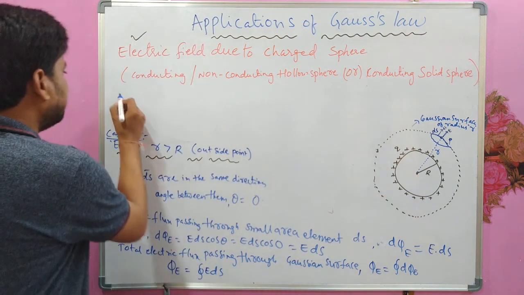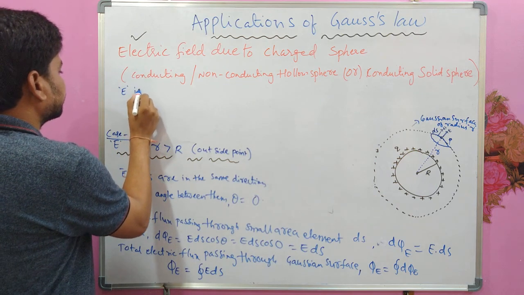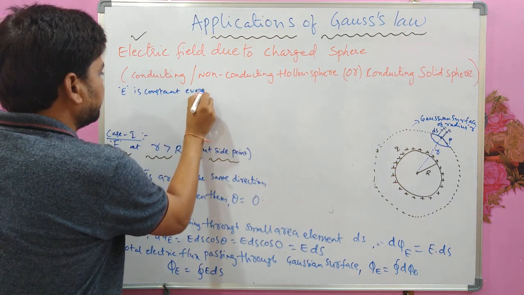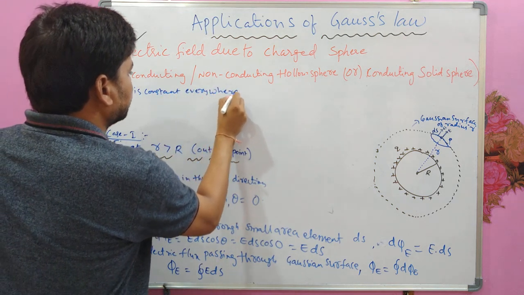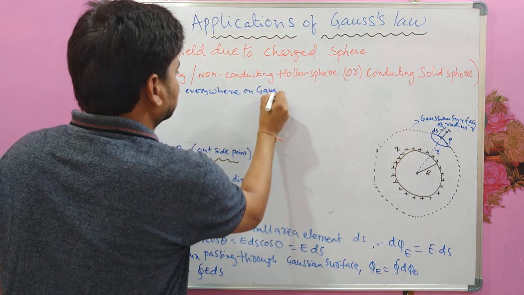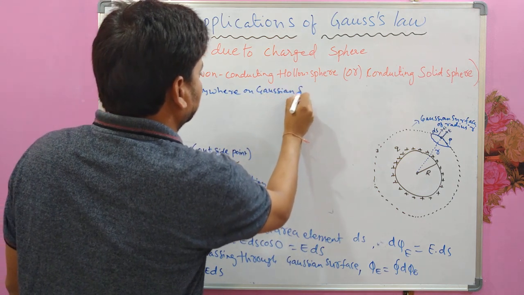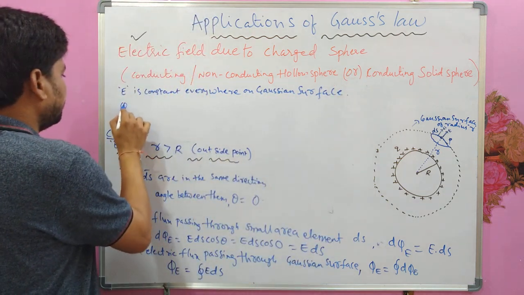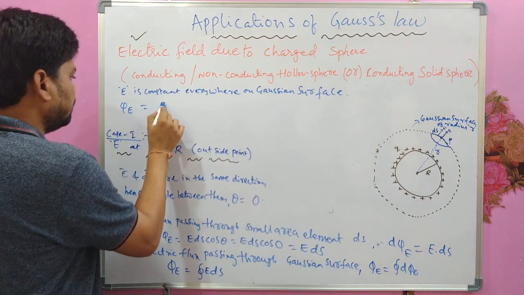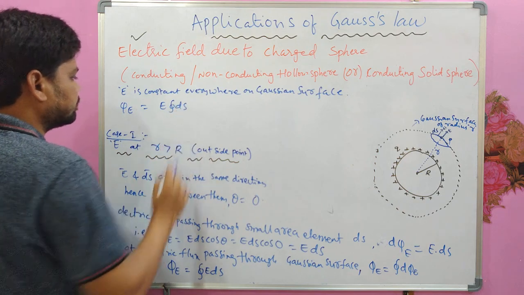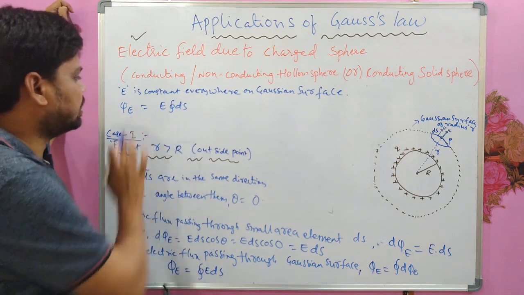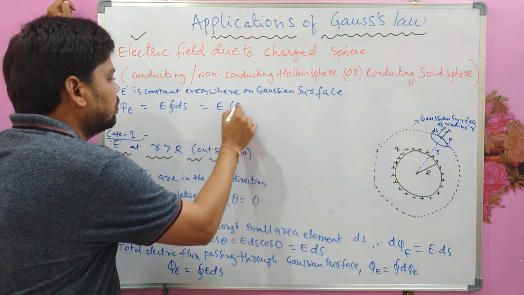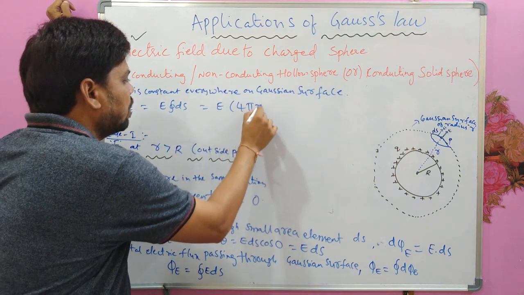Hence E is constant everywhere on the Gaussian surface. ΦE equals E times the integral of dS. E is taken out of the integral because E is constant.